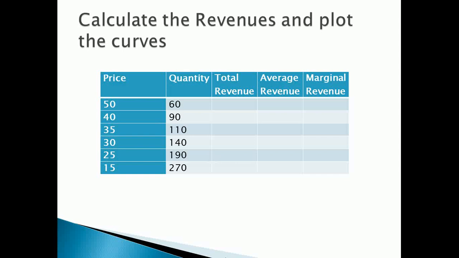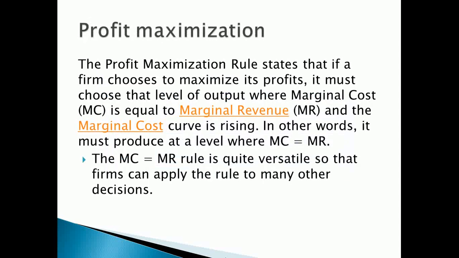And we will see that all through, MR is below MC. The profit maximization rule says that if a firm chooses to maximize its profit, it must choose that level of output where MC is equal to MR, and the MC curve continues to rise. So this is what has been depicted using the graph.